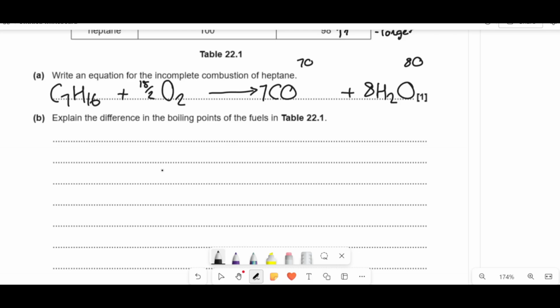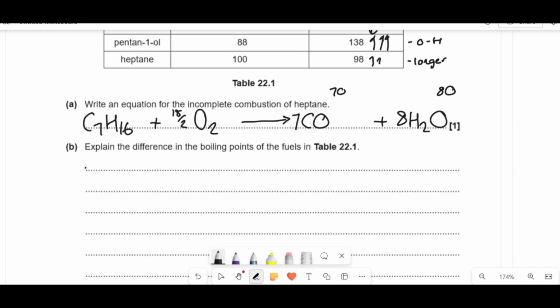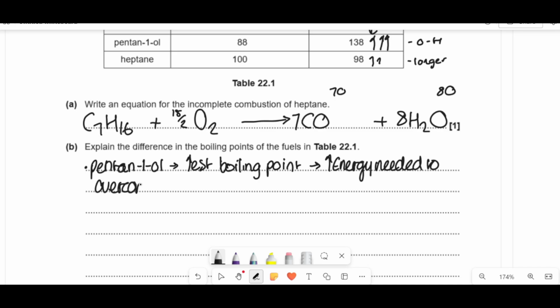So I'm going to start with the very obvious one, which is pentan-1-ol, which is hugely higher than the rest. So you would say what you see first of all, and then the rest, right? So pentan-1-ol has the highest boiling point. Obviously, you write this in full. I'm just doing it shortcutted for the sake of time. If it's got the highest boiling point, we need to explain what that means. This implies that there's more energy needed to overcome its intermolecular forces, because it's a molecule.